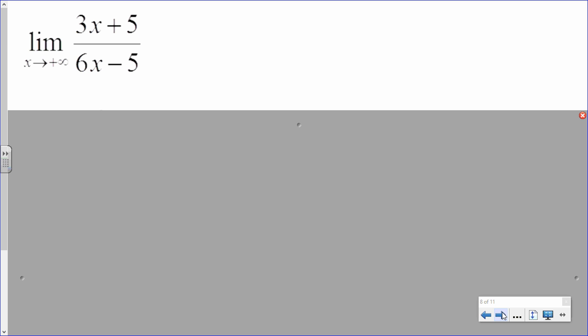Eric. The coefficient of the first term on the numerator divided by the coefficient of the first term on the denominator. All right, we look at our coefficients. Here our horizontal asymptote is at 3 divided by 6, which means as we approach infinity, our graph is going to approach our horizontal asymptote of 1/2. We know that's our ending behavior.